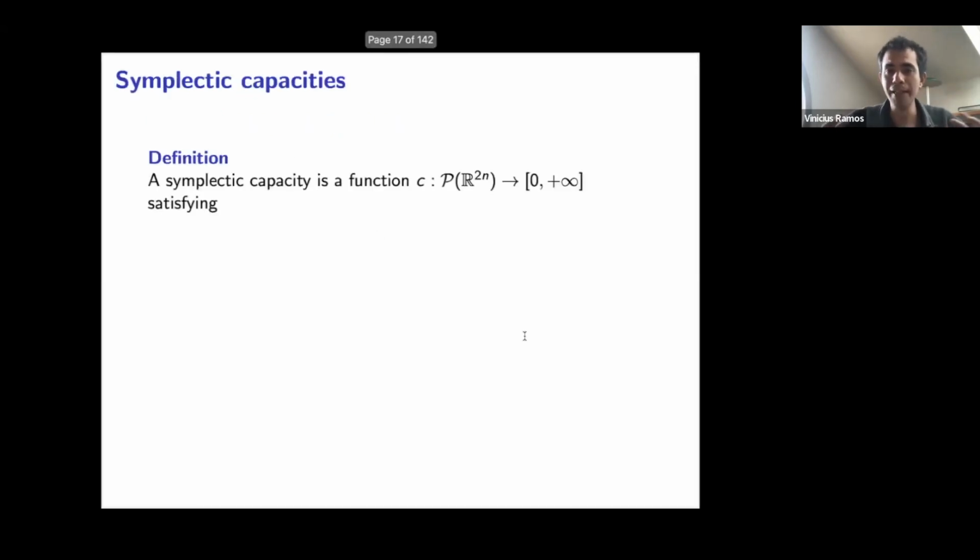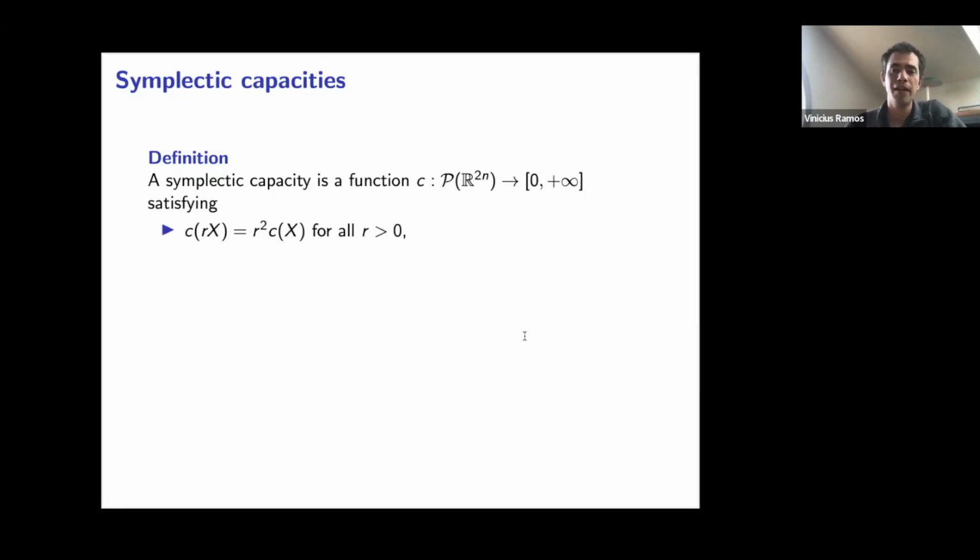Okay, so one way to encapsulate or to try to understand the symplectic embeddings is by using what's called the symplectic capacity, which is, I think, a term that was first used by Ekeland and Hofer shortly after Gromov's result. So a symplectic capacity is a function that assigns a number, a positive number or infinity, to a subset of R^2n, or maybe to a symplectic manifold if we're in another category, with the following properties.